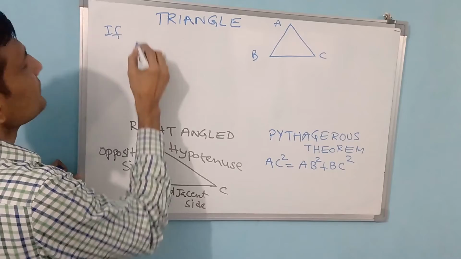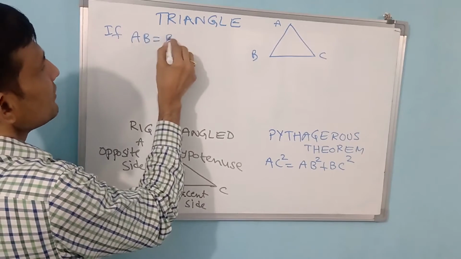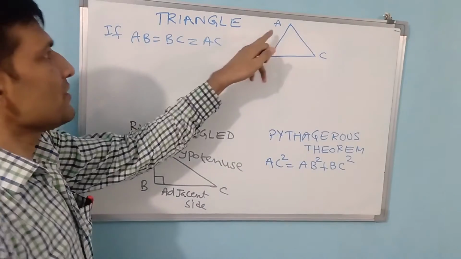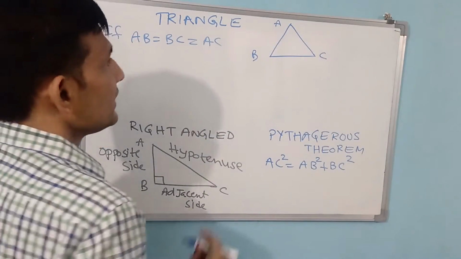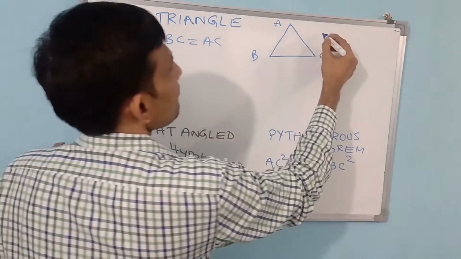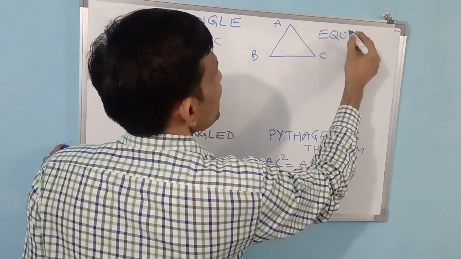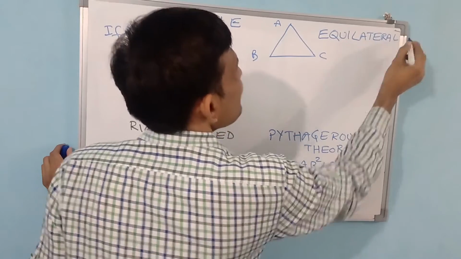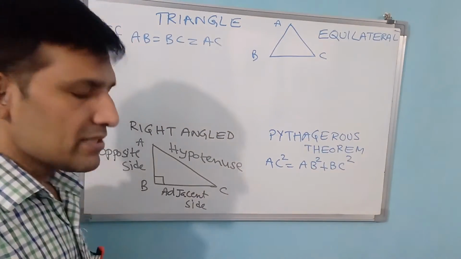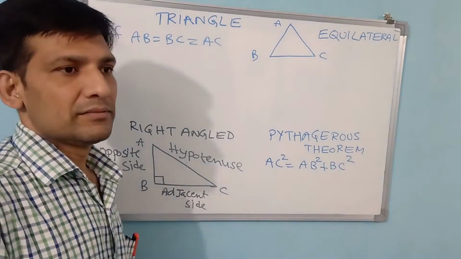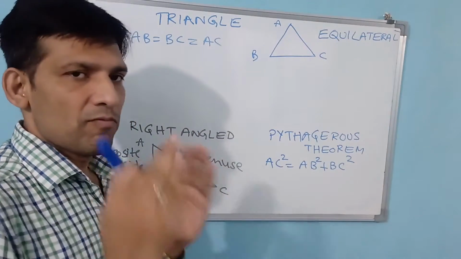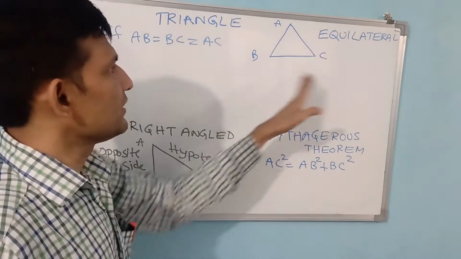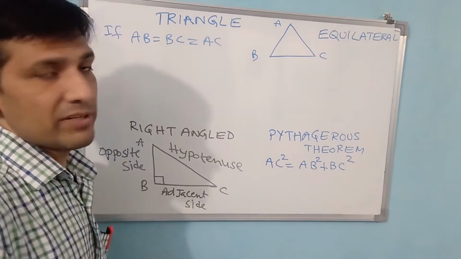If AB is equal to BC is equal to AC, meaning all sides are equal, 5 centimeter, 5 centimeter, 5 centimeter, the triangle is going to be called equilateral. Equilateral means all sides are equal. 5, 5, 5, 6, 6, 6, 7, 7, 7, whatever it may be. All sides should be equal. Then only it is called an equilateral triangle.